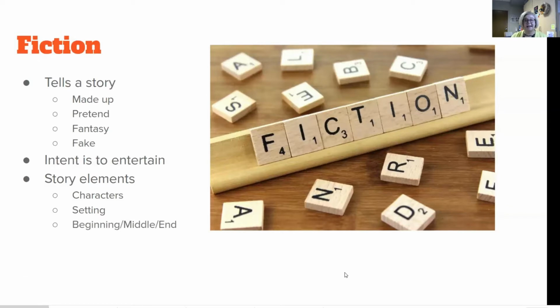There is a beginning, a middle, and an end to a fiction story. And typically, a fiction story revolves around some kind of a problem and how you solve it. So there's a problem and then a resolution.